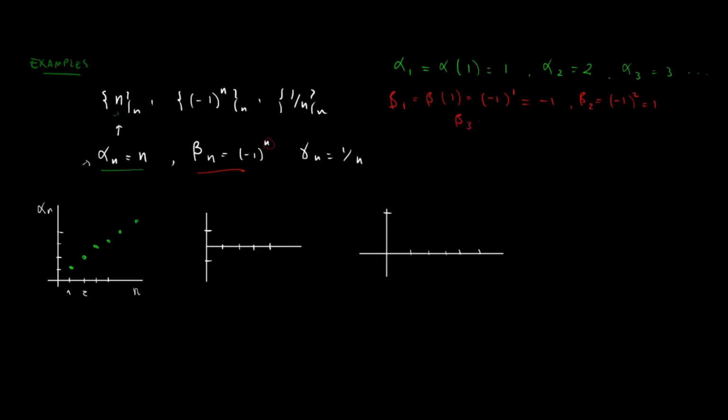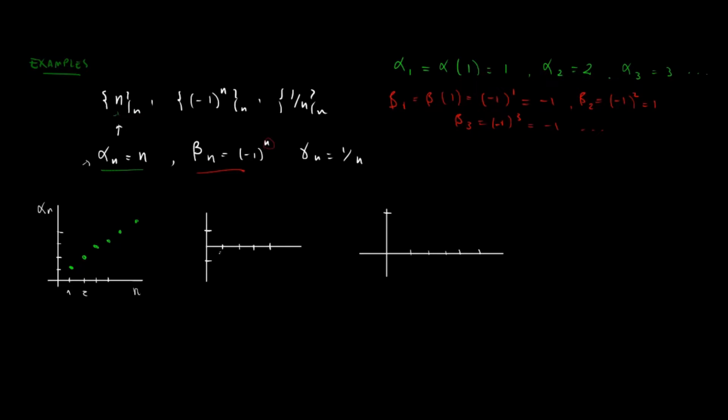Beta sub 3 is minus 1 to the power 3, which gives us as a result minus 1. And so on. When we continue evaluating the natural numbers, we're always going to get beta sub n to be minus 1 if n is an odd number, and to be 1 when n is an even number.